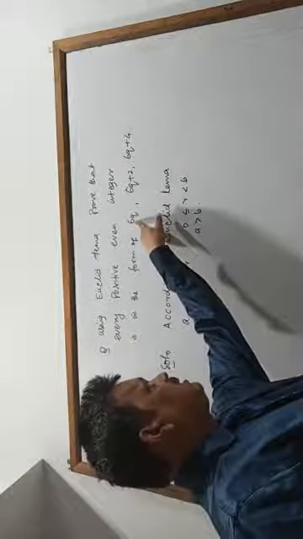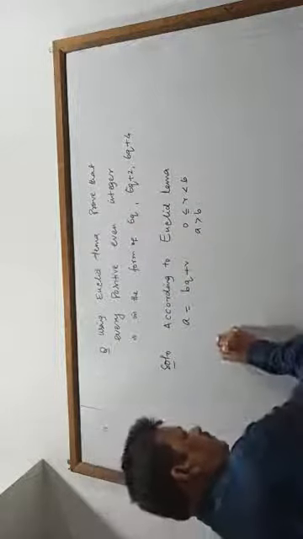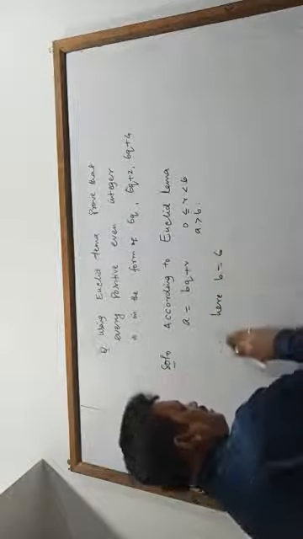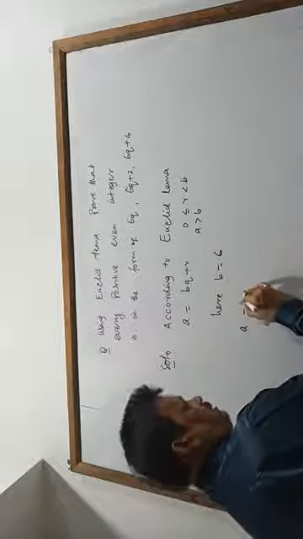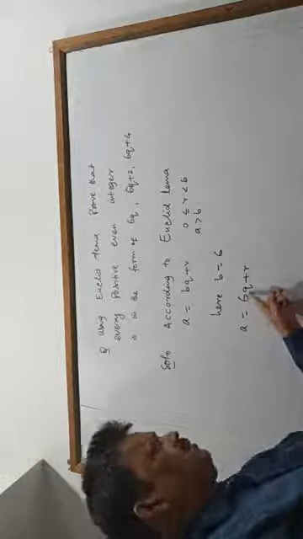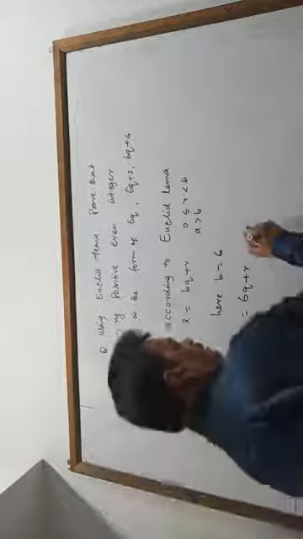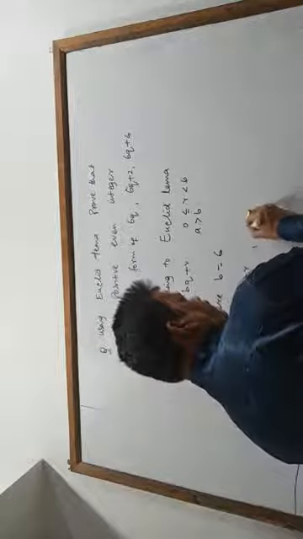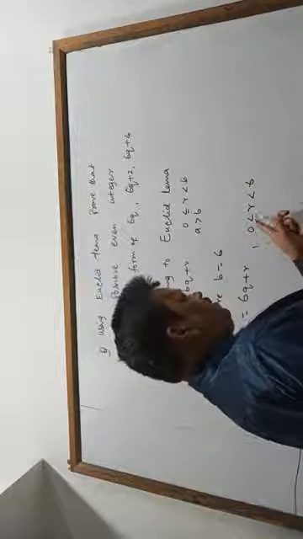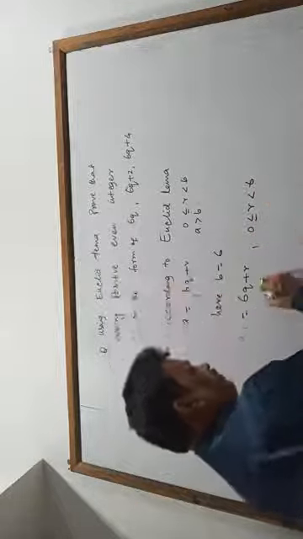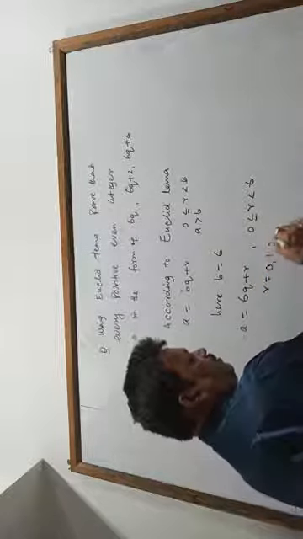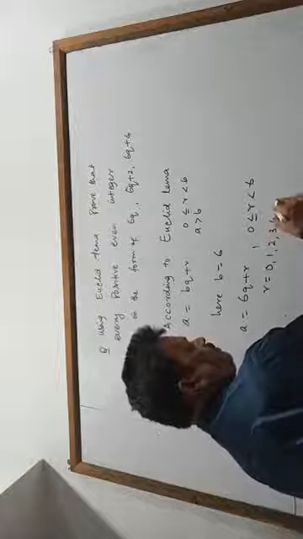For B it is 6. So B equals 6. Then A will be 6Q plus R. Then R will be between 0 and 6. 6 is not taken. 0, 1, 2, 3, 4, 5, because no equality here.